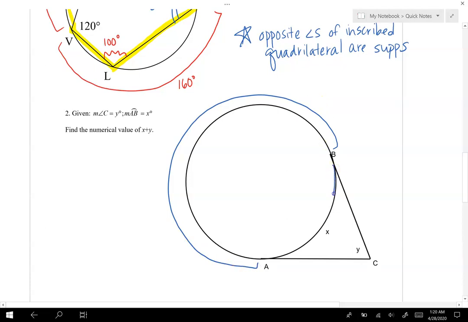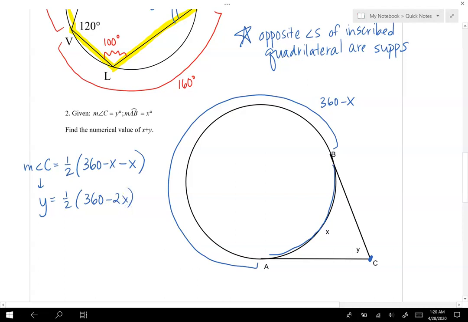If arc AB is X, the rest of it must be 360 minus X. Since this vertex is outside of the circle, we're going to take the difference of the arcs. So the measure of angle C equals 1/2 the big arc, 360 minus X, minus the little one, X. And angle C is the same as Y. I'm just going to simplify the right-hand side.